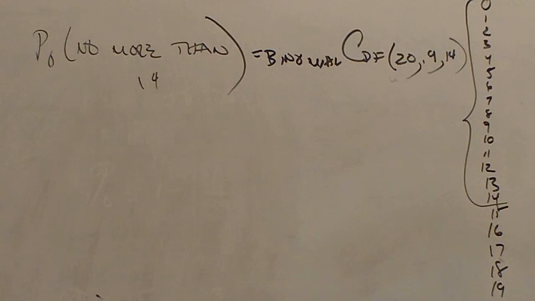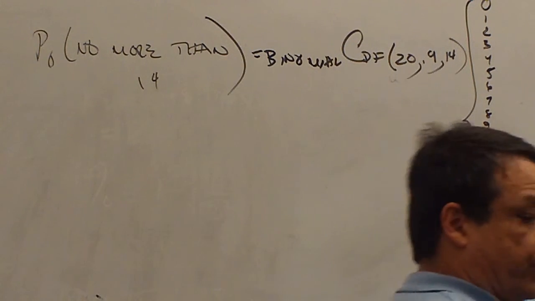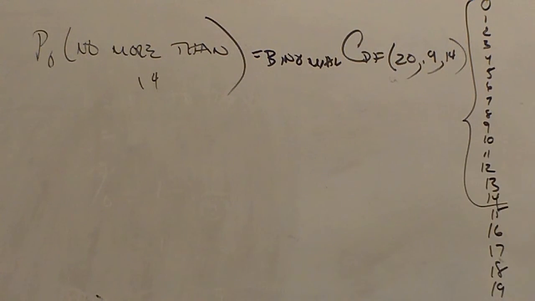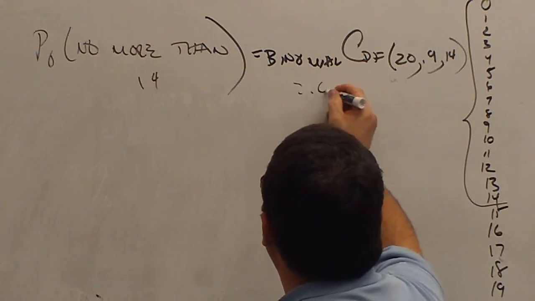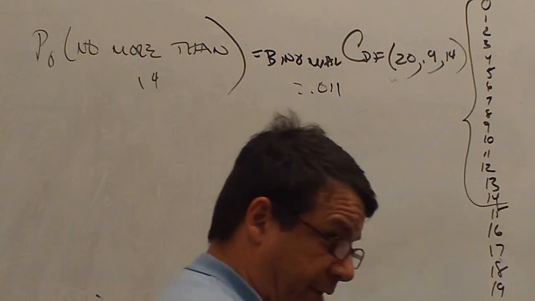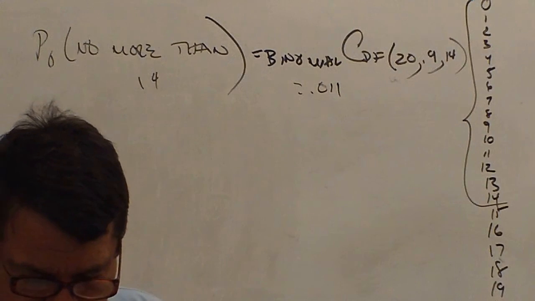We're going from 0 up to and including 14. When we do that, what do you get? Everyone buy that? Good. So everyone see that okay?